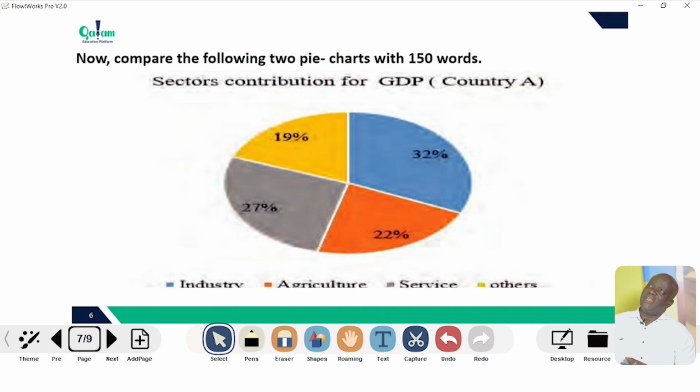Okay? So now you are being asked, compare the following two pie charts with 150 words. So you only use 150 words.